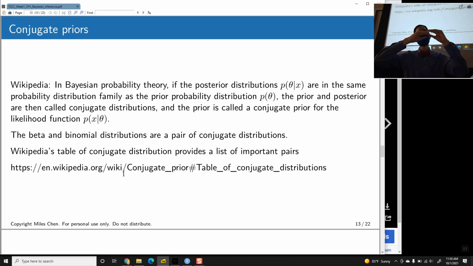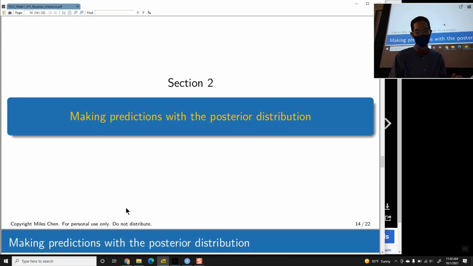The prior distribution and the likelihood have mathematically nice properties so that they combine together in such a way that the resulting posterior distribution belongs to the same family as the prior distribution. The beta and binomial are conjugate priors. You've got a bunch of other ones listed off in Wikipedia here.